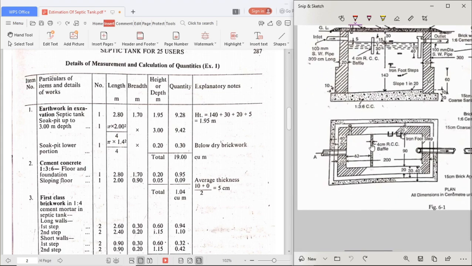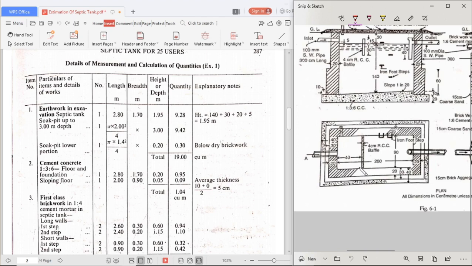Here, how we should find the length? So see the plan of the septic tank. So 200 is given. So 200 plus this 20, this 20. So 200 is the clear distance, plus 40.